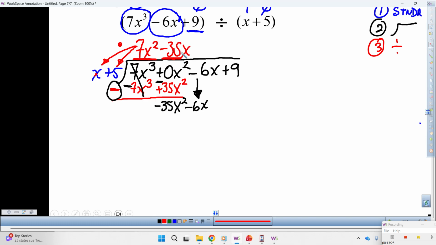Negative 35x. Let's see, negative 35x times x, negative 35x squared. And negative 35x times 5, that's negative 175x. Is that correct? 175x.